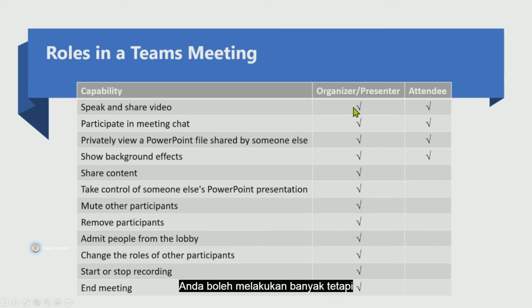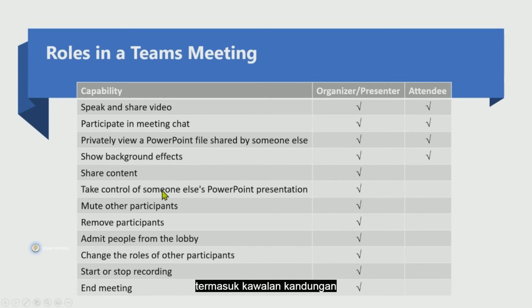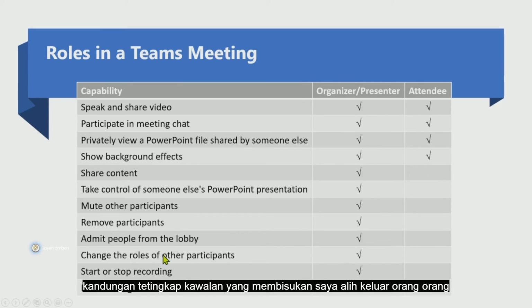But as a presenter or organizer, you can do all those things, including share video content, take control, mute the mic, remove a person, mute people from the lobby, change the role of other participants, start or stop recording, and even end the meeting. Show background effects and end meeting are new features just launched in the last 1 or 2 weeks.